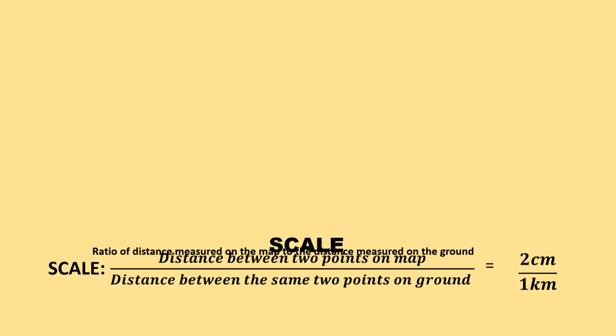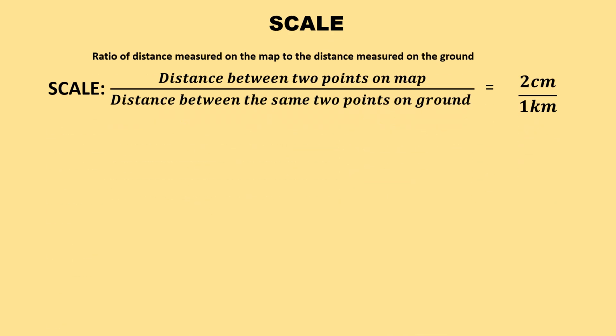When we define scale on a toposheet, we are referring to the ratio between the distance on the map and the actual ground distance. This helps us understand how real world distances are represented on a smaller surface.